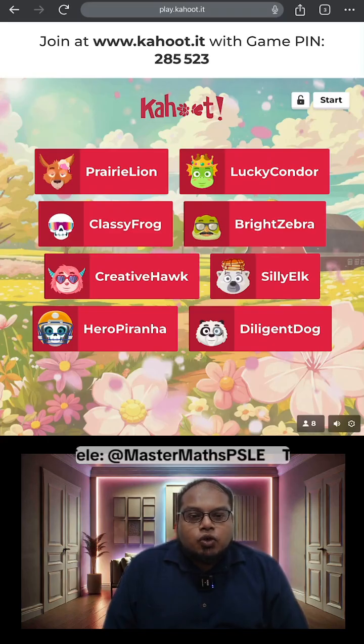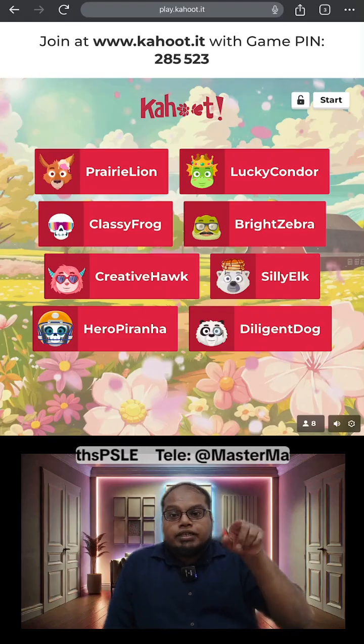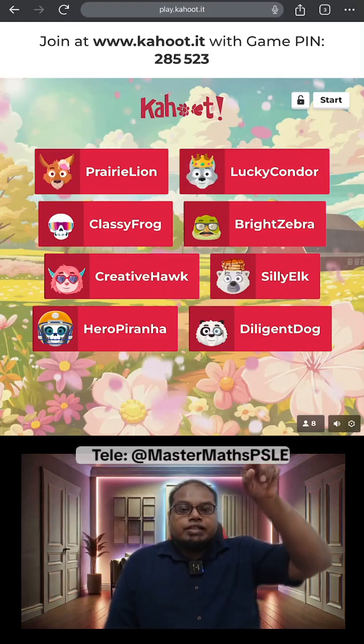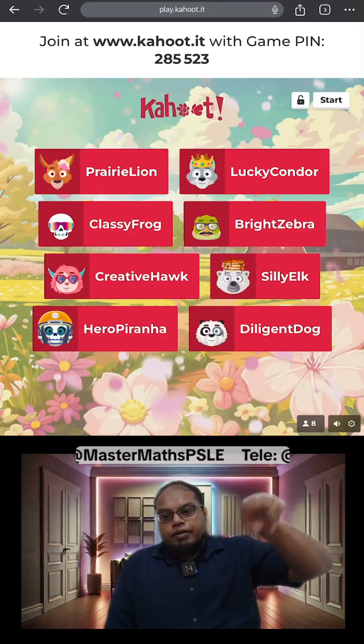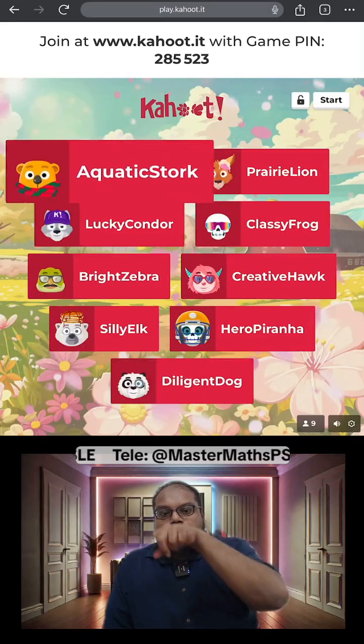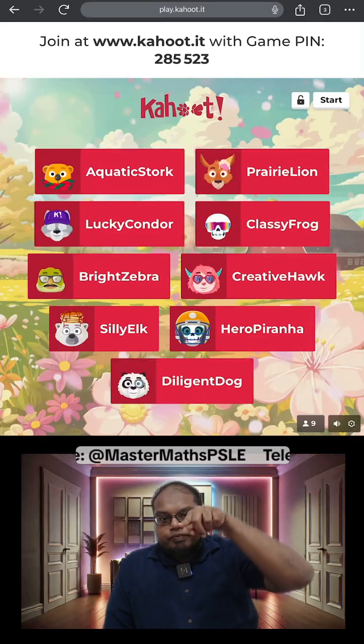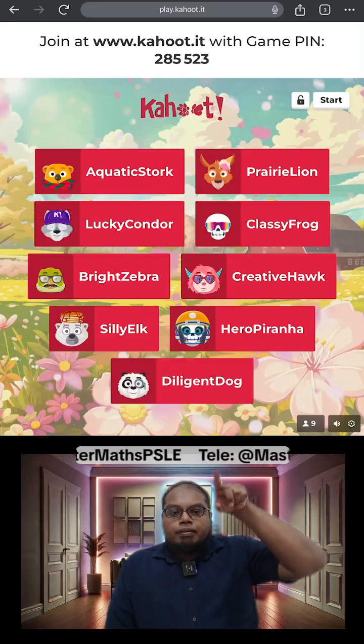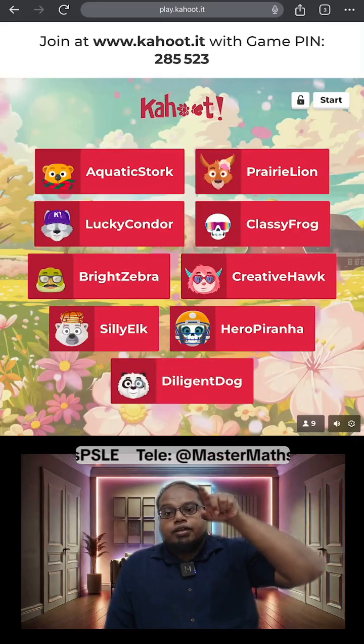How to convert a mixed number to an improper fraction? Remember, the denominator times the whole number plus the numerator. The denominator is multiplied by the whole number, then after that you add the numerator.